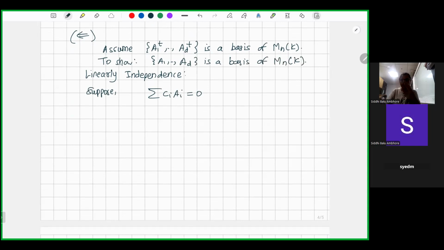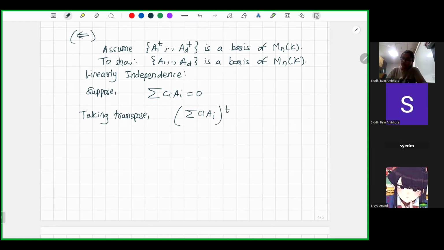Okay, so Ci Ai we are assuming to be 0. And now taking transpose, we get that summation Ci Ai transpose whole transpose is 0. And then this will be, let me write this, I from 1 to D, Ci Ai transpose will be 0.